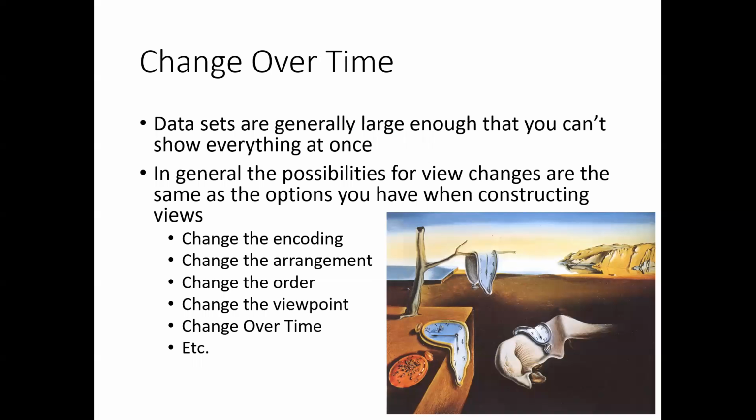So changes over time is probably the most common way to do this, and data sets are generally large enough that you can't show everything at once. In general, the possibilities for view changes are the same options you have when constructing those views. You can change the encoding, arrangement, order, the viewpoint, or show that change over time.